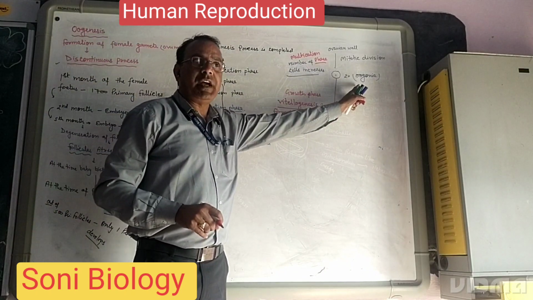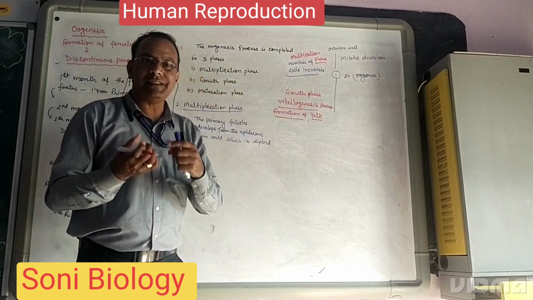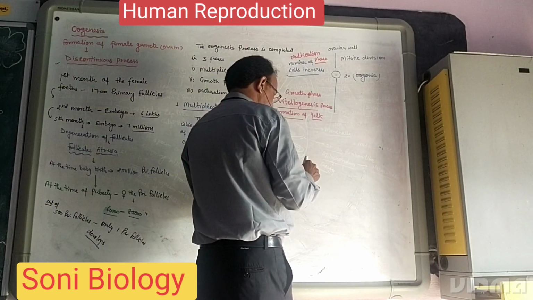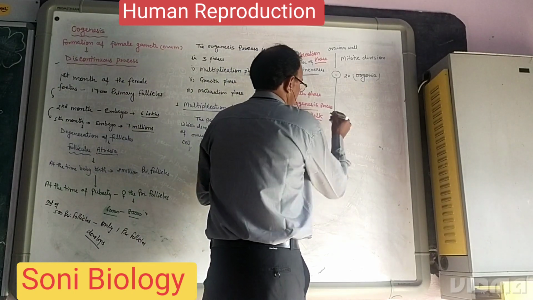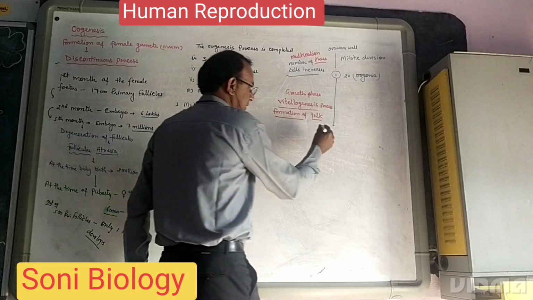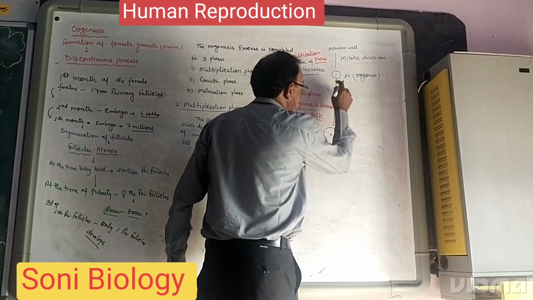So the oogonia, due to the formation of yolk, start to increase in size, and the cell size increases.